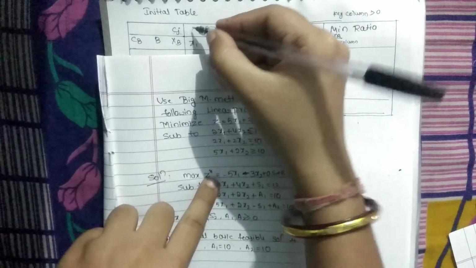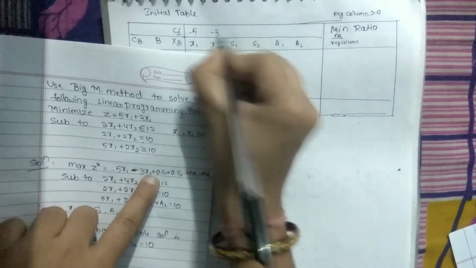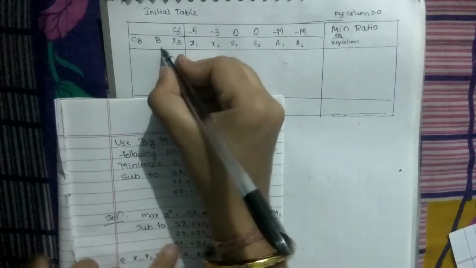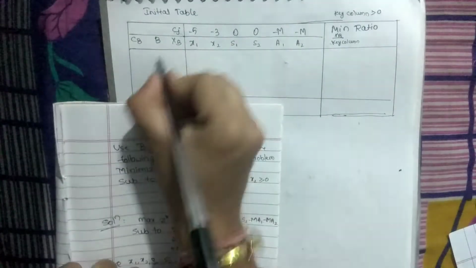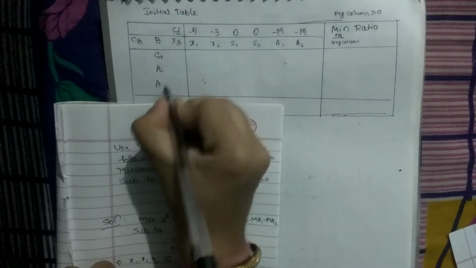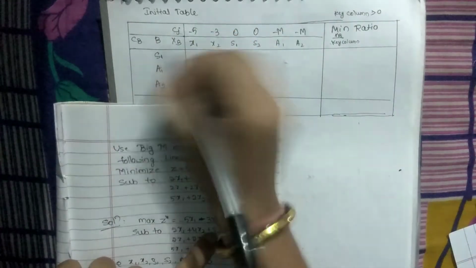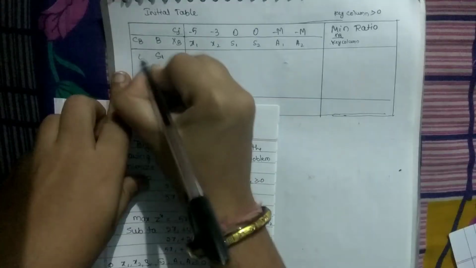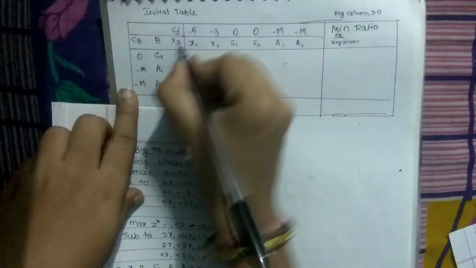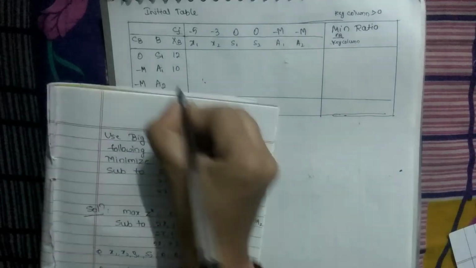So the coefficients in the objective function become minus 5, minus 3, 0, 0, minus M, minus M. Then the basic variables are s1, a1 and a2, and the coefficients of the basic variables are 0 for s1, minus M for a1, minus M for a2, and xb, the RHS values, are 12, 10 and 10.